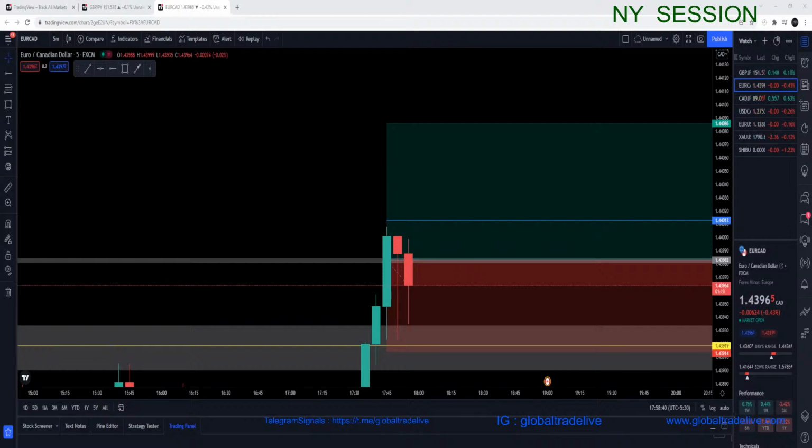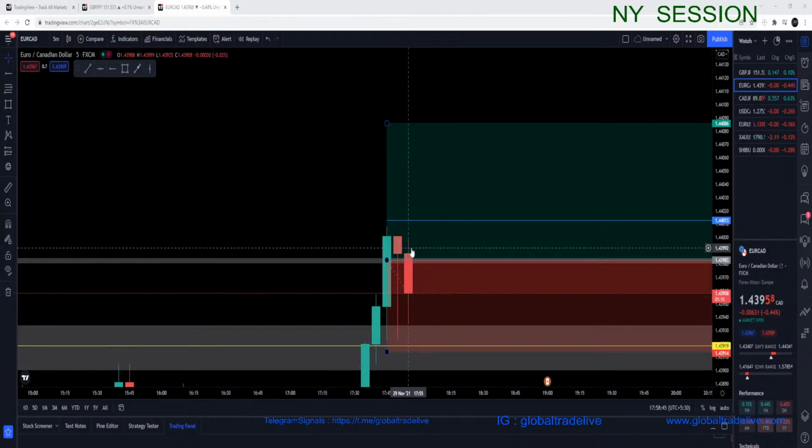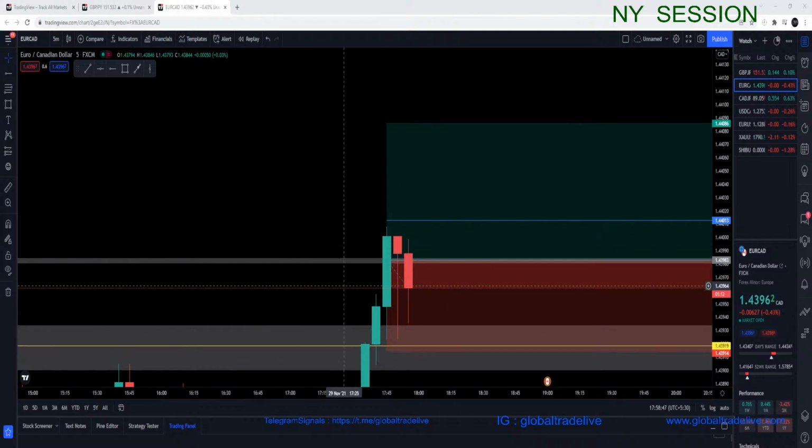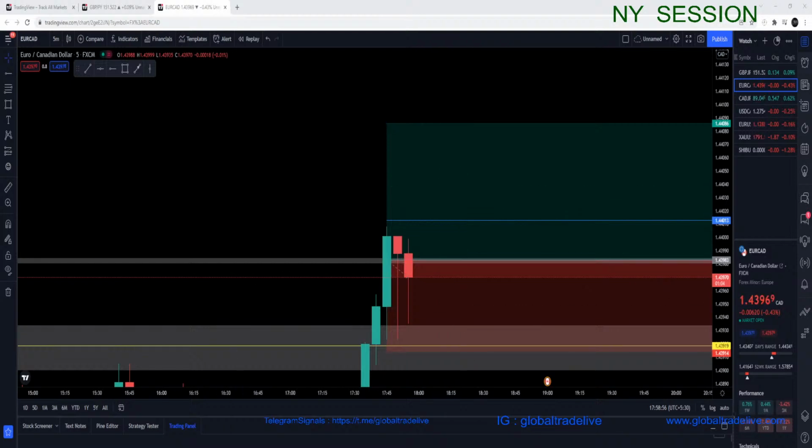So now if the current candle reverses back, I'm gonna close everything at break even for right now, because I think the next candle will wick down and then it will go up. Okay, I have closed everything at this point.